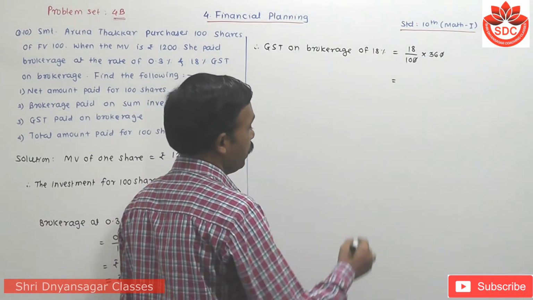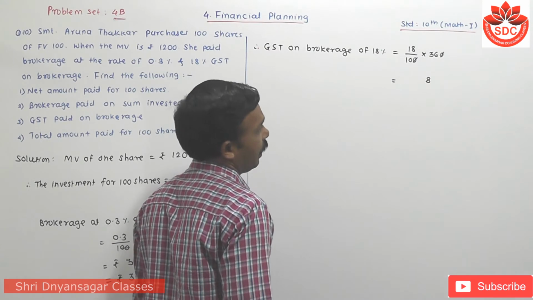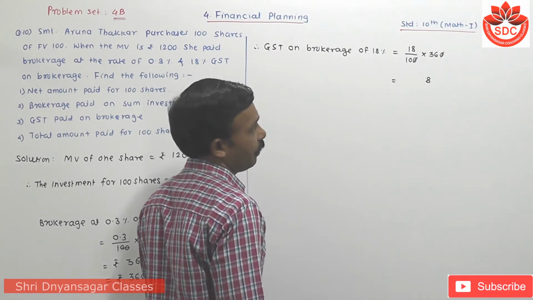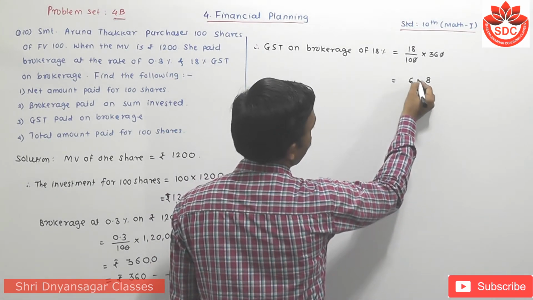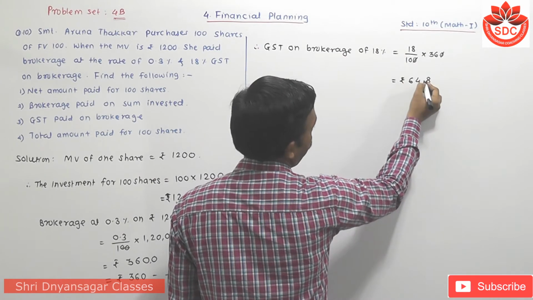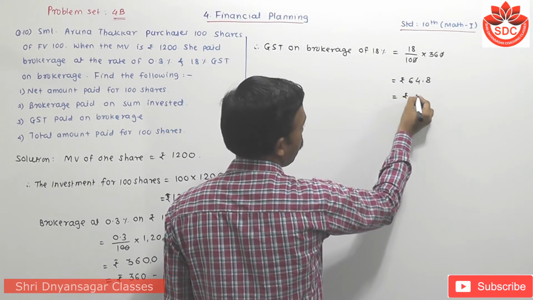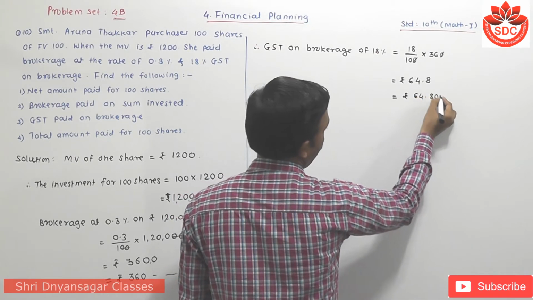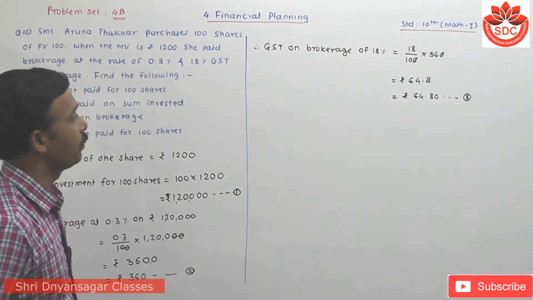Then 18 6s are 108, carry 10. 18 3s are 54 plus 10 becomes 64. After one digit, divide by 10, meaning after one digit decimal point, this value becomes rupees 64.80. We take two digits here. Suppose this is equation number third.